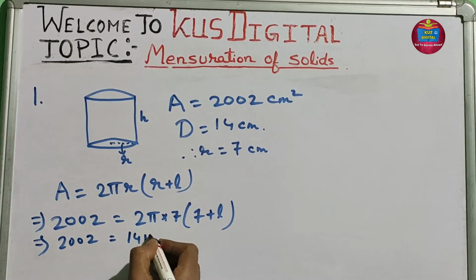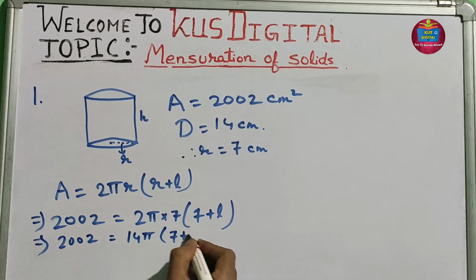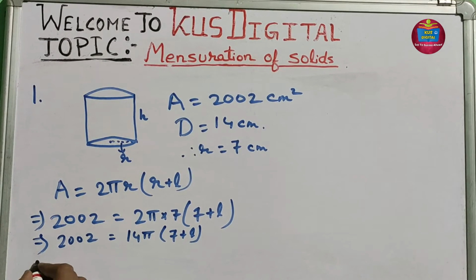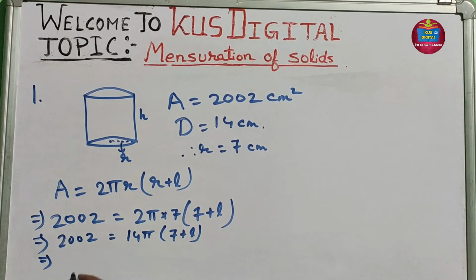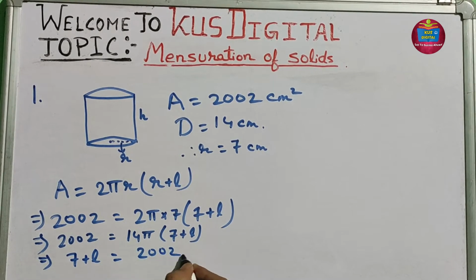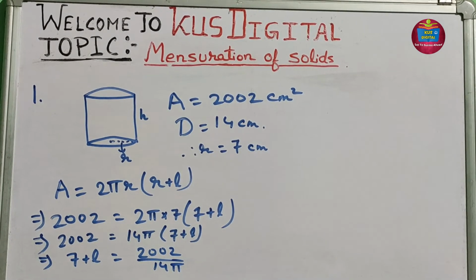Okay, so it's 14 pi into 7 plus L. Now 7 plus L equals to 2002 divided by 14 pi.